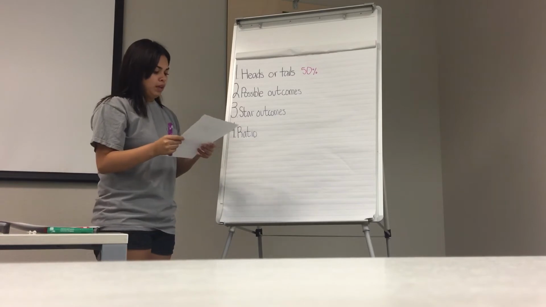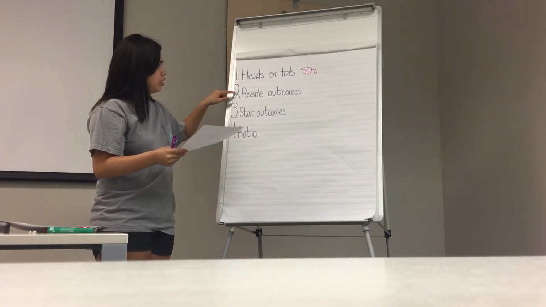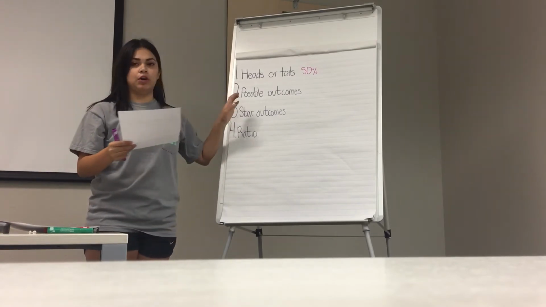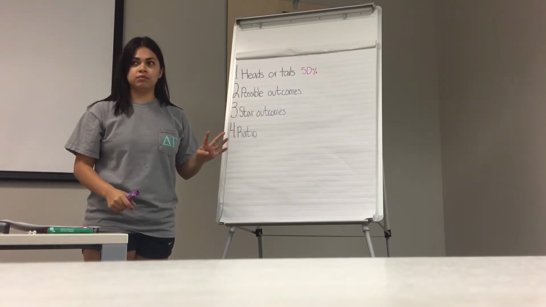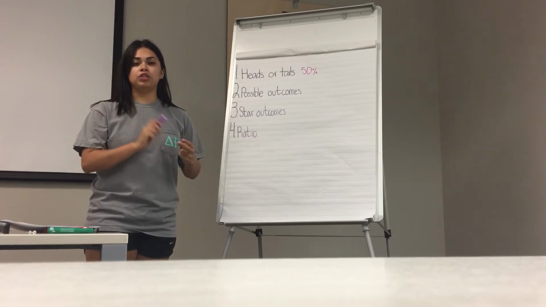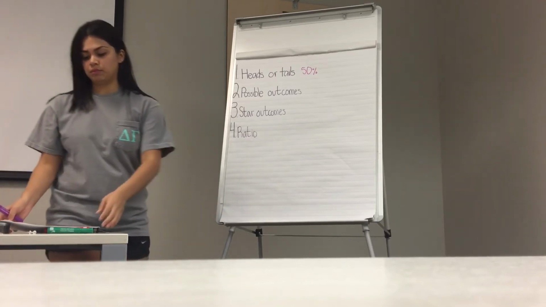Yeah. So the next is possible outcomes. We want to know the possible outcomes if we have four different coins. How can we get two heads and two tails?